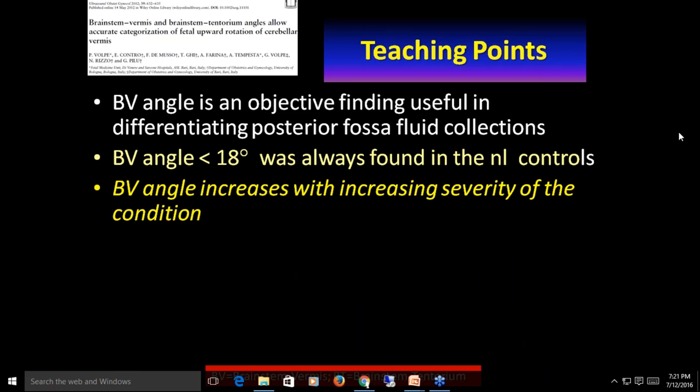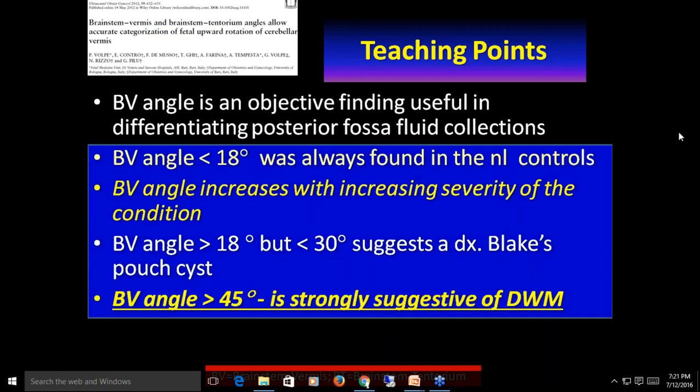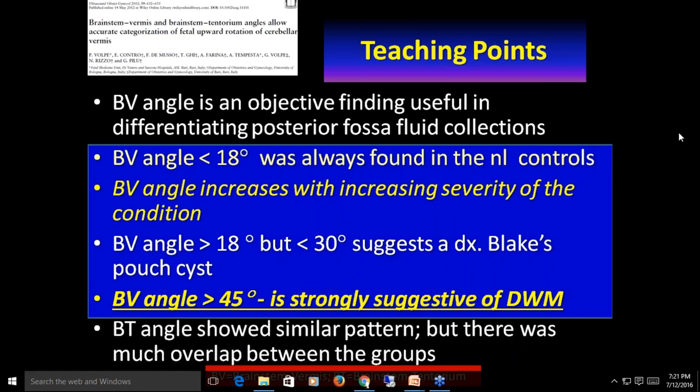BV angle increases with increasing severity of the condition. BV angle greater than 18 but less than 30 suggests a diagnosis of Blake's pouch cyst. BV angle greater than 45 is strongly suggestive of Dandy-Walker malformation. The BT angle shows a similar pattern, but there was much overlap between the groups.